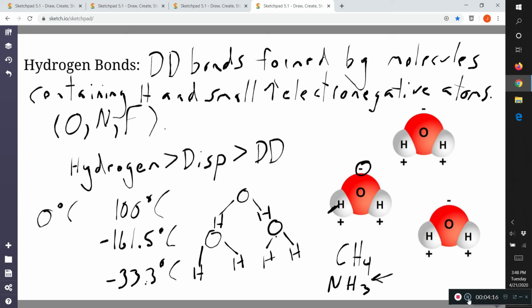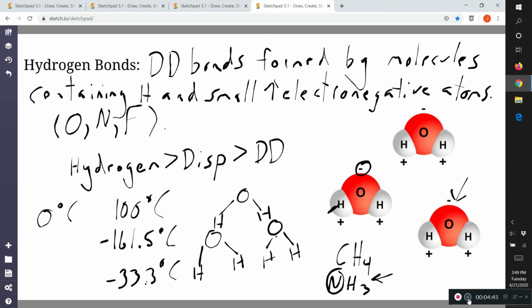So why is it so much lower for a boiling point than water? And that comes from the fact that oxygen is a lot more electronegative than nitrogen. The key component is what they're bonded with to decide. Part of the equation is the hydrogen. The other part is the element they're bonded to and how electronegative that is.